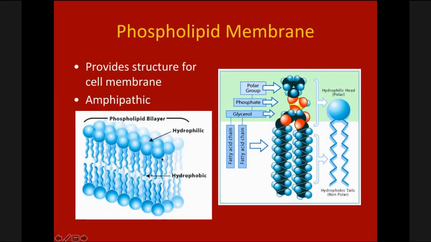Your cell membrane is more complex than just phospholipids. It's going to have a whole bunch of other molecules embedded within it, but the phospholipid is the main meat of your cell membrane. Make sense, phospholipids? Any questions? Really cool molecules. All right.